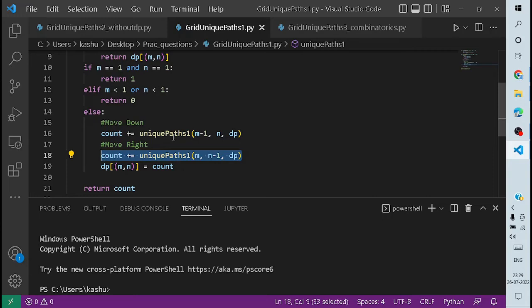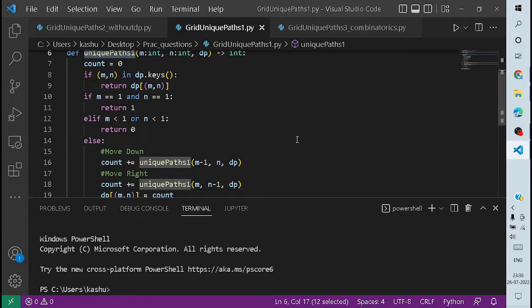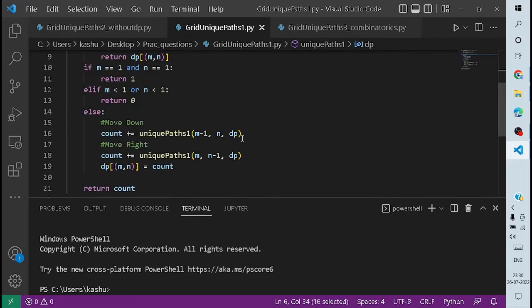We know that we can either go down or we can go right. All right. So when we do the subtraction, I'm saying this particular function is computing the number of unique ways, right? I start with m comma n, which is for now 3 comma 3.